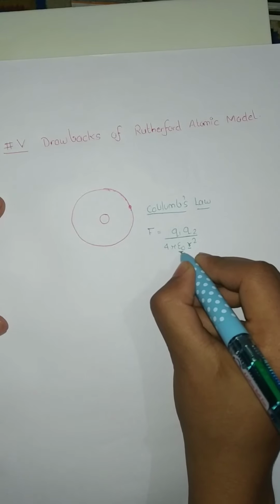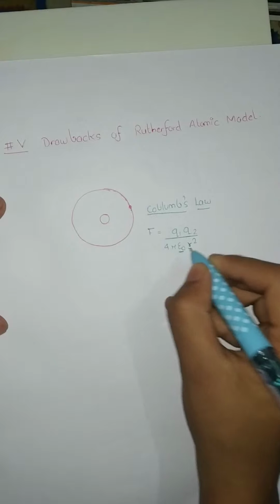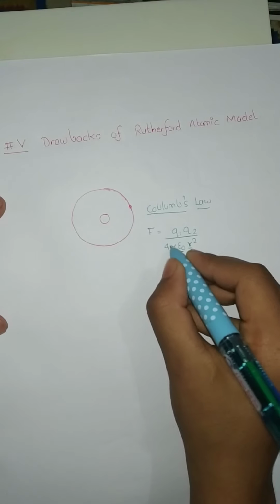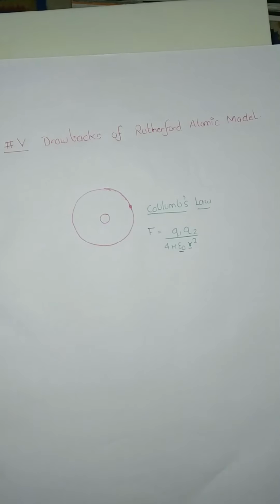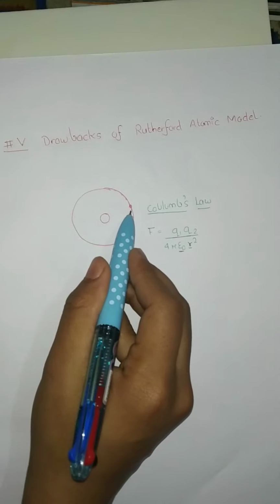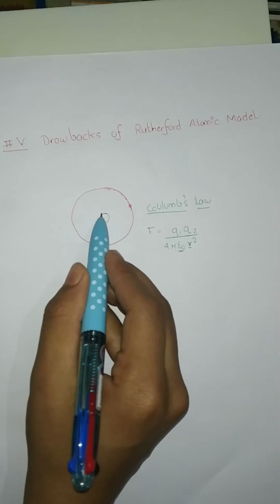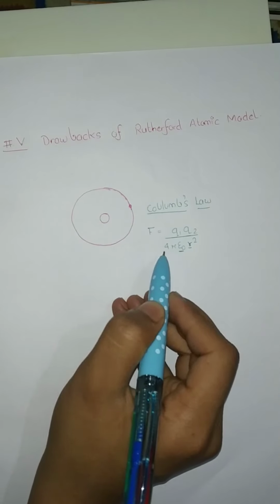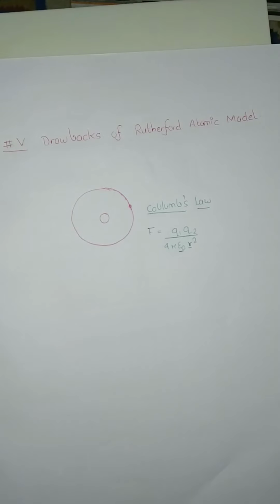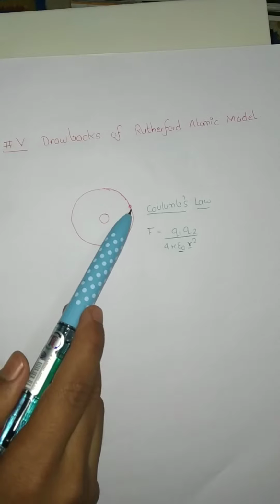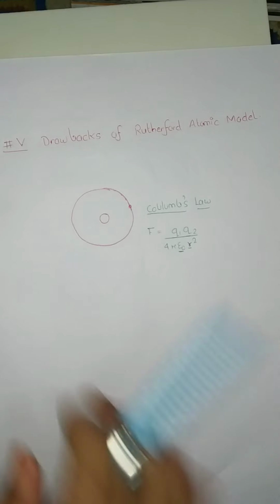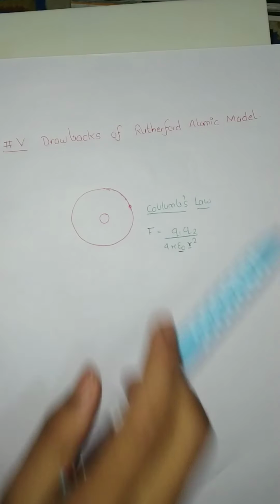Epsilon naught is the permittivity of air or vacuum, and 4 pi is a constant, and this is the force. So if we take the charge of the electron and the charge of the nucleus, we can find the force. That's all about Coulomb's law. This is what is told by the Rutherford atomic model.